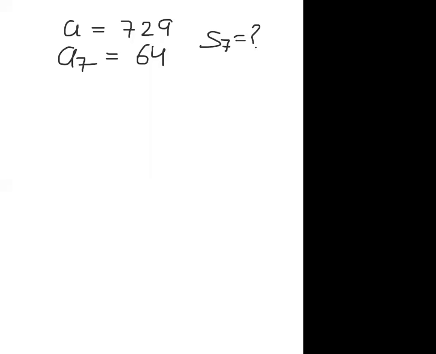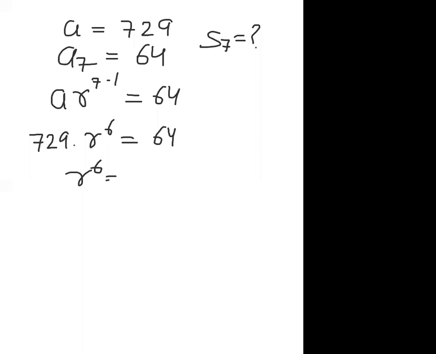So let us think on it. a7 means a r to power 7 minus 1 equals 64. a is given to us as 729, so 729 into r to power 6 equals 64. r to power 6 will be 64 upon 729.